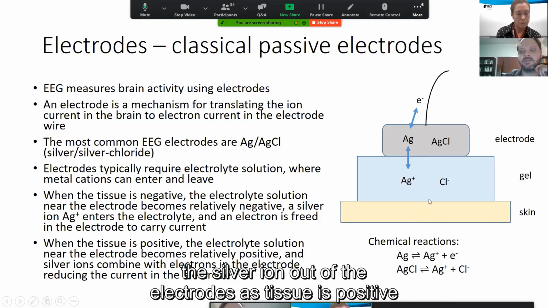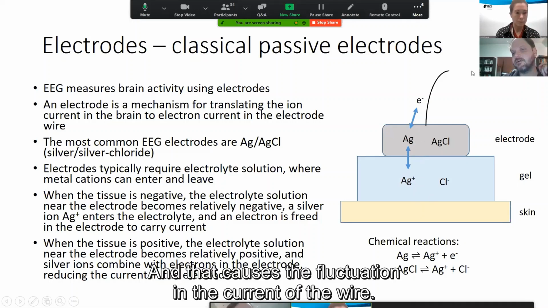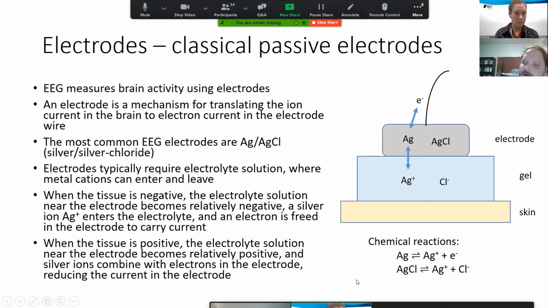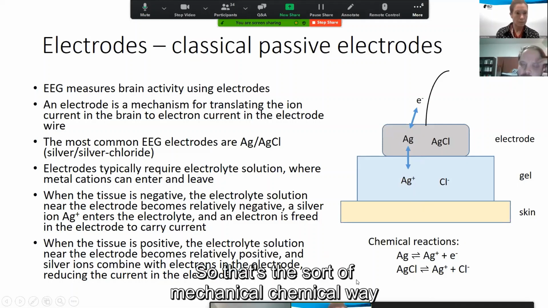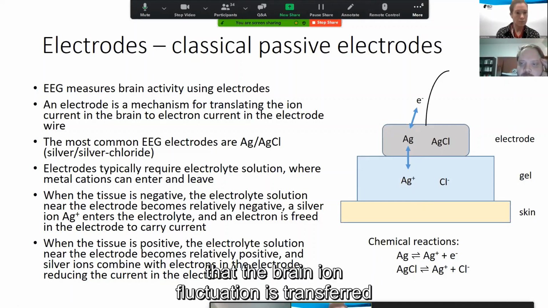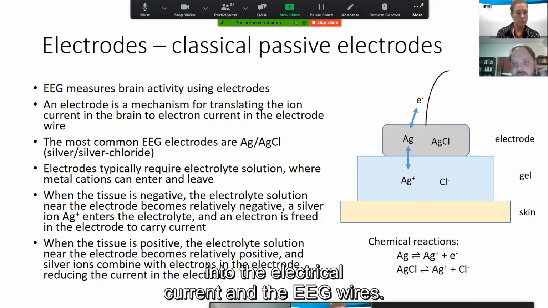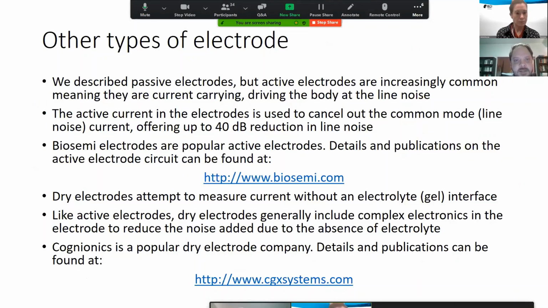As the tissue is positive, it pushes the silver ion back onto the electrode, and that causes the fluctuation in the current of the wire. So that's the chemical way that the brain's ion fluctuation is transferred into the electrical current in the EEG wires.